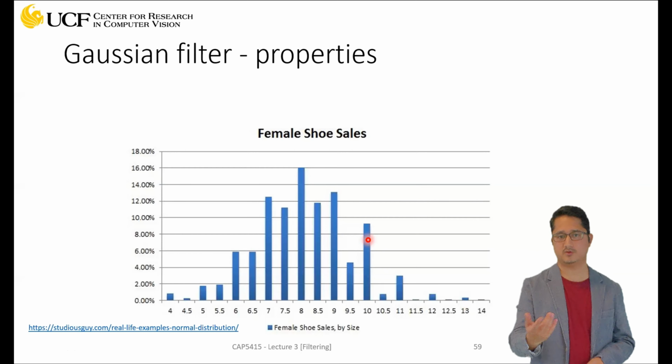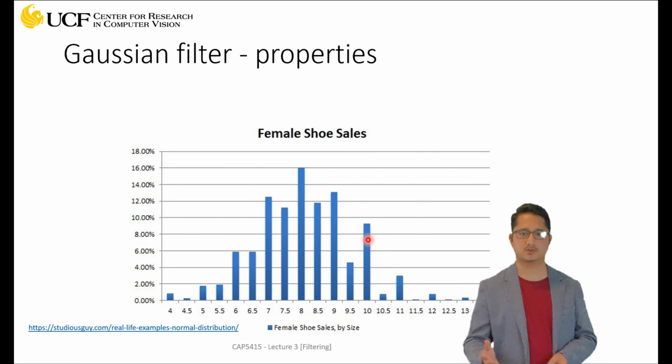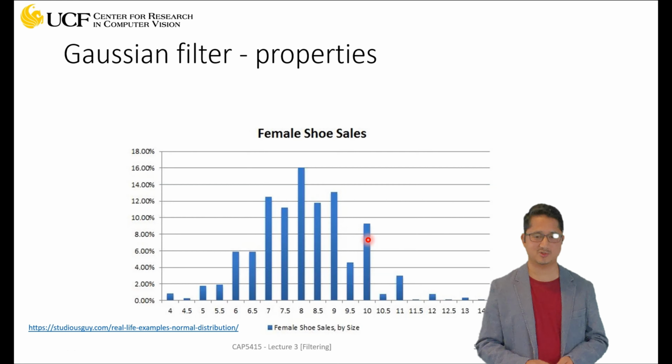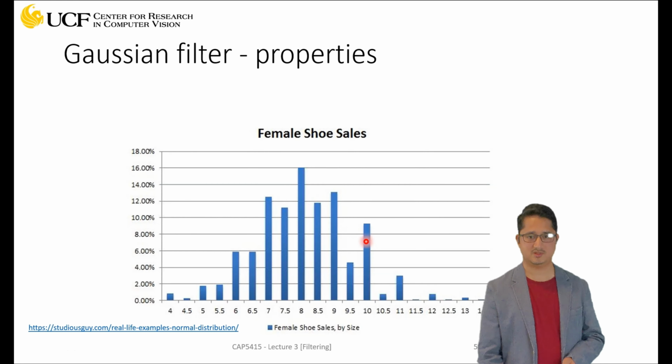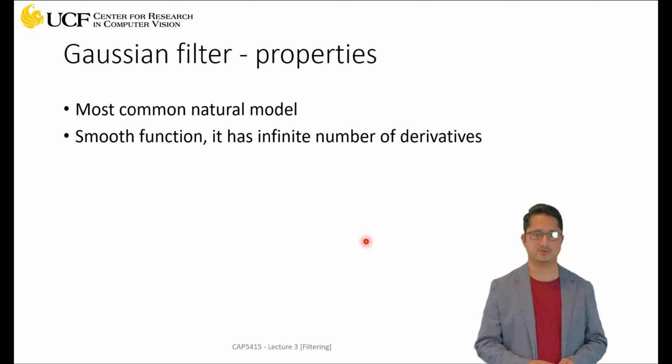And this is not just true for female shoe size. Even in the class, if we measure the height of all the students, it is going to be a Gaussian. And most of the time, the grades we receive are very close to Gaussian. Very hard to get a perfect Gaussian curve, but most of the time it's kind of a Gaussian curve there as well. So it's a distribution which is very natural, and you will see it in your 3D environment all the time. It's the most common natural model.